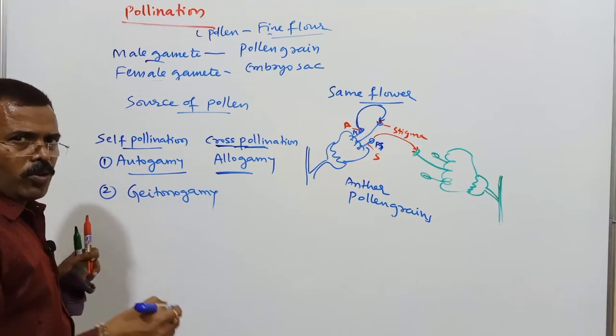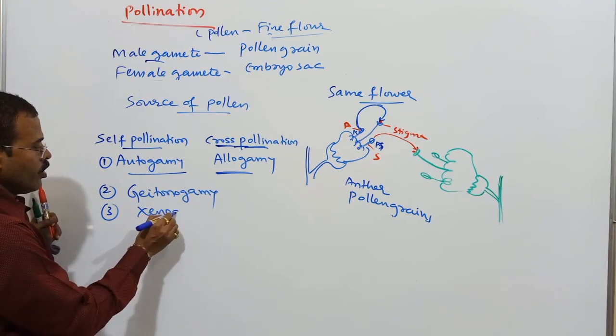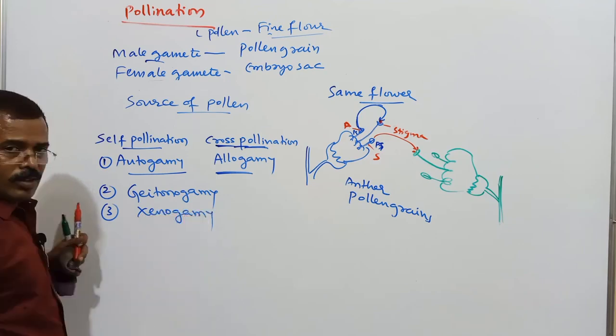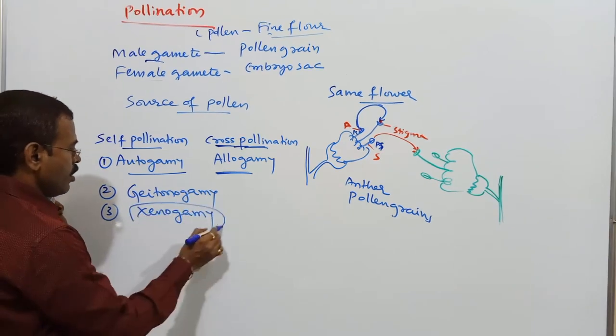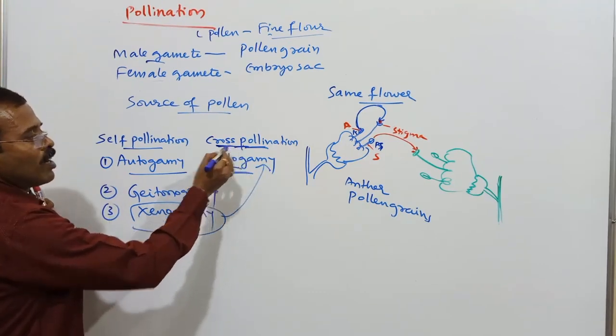We will come to know what that means. And the third one they have given is xenogamy. This xenogamy truly comes under allogamy or cross-pollination.